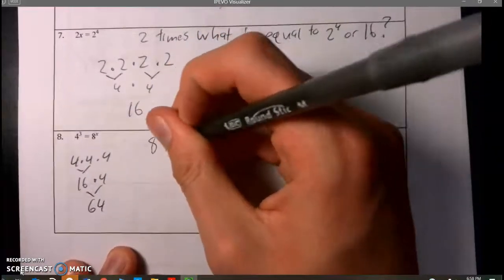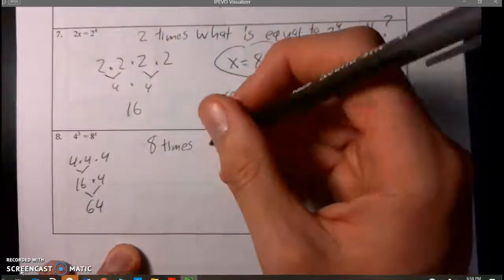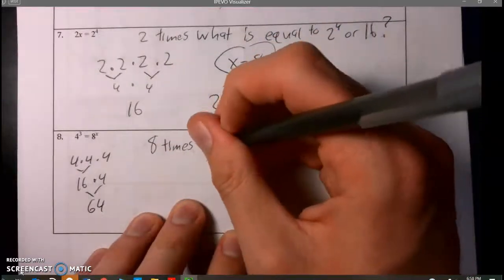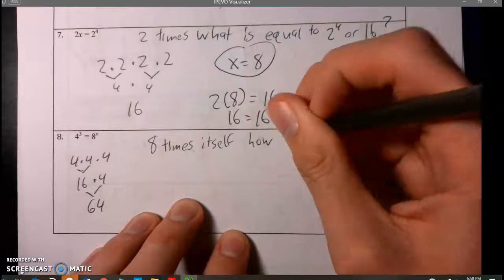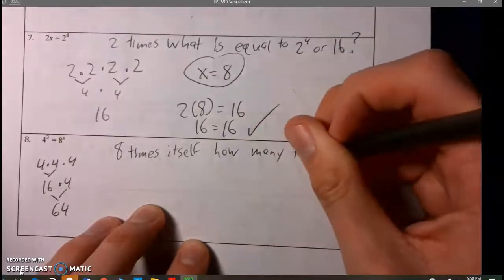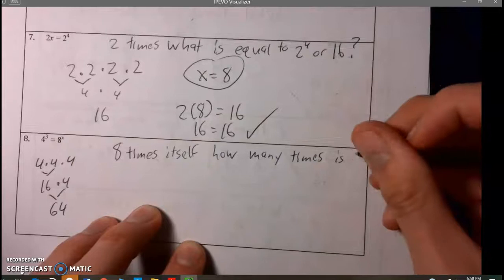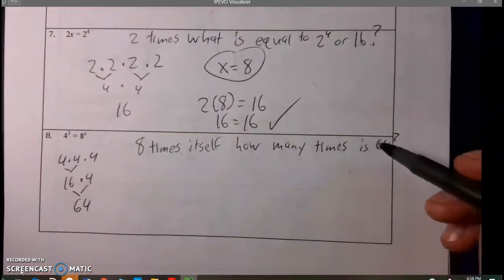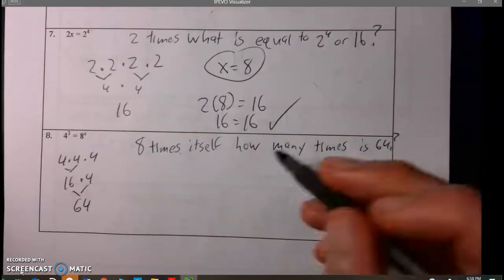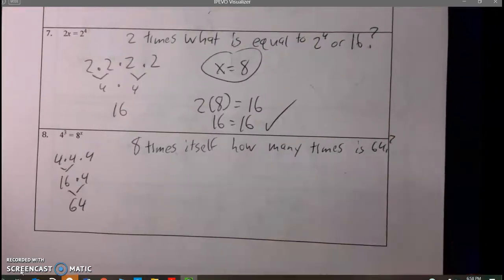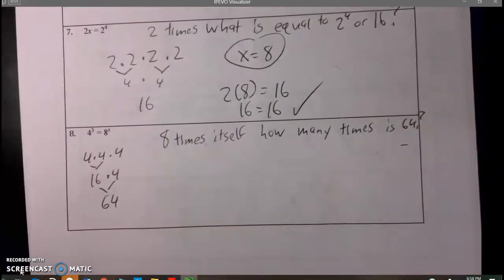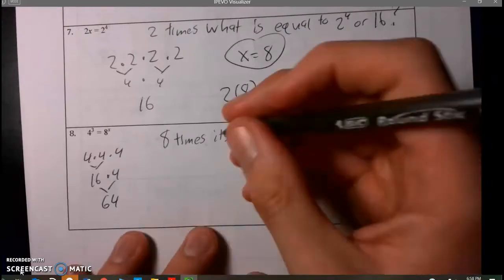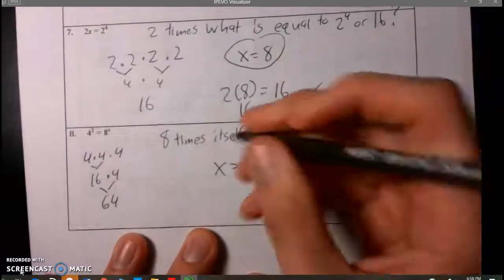So 8 times itself, how many times is 64? Right, because we just found out 4 to the 3rd is 64. So instead of saying 8 times itself, how many times is 4 to the 3rd, we're going to say 8 times itself, how many times is 64? And 64 and 8, light should be going off in your brain, because you know 8 times 8 is 64. So then x must be 2.